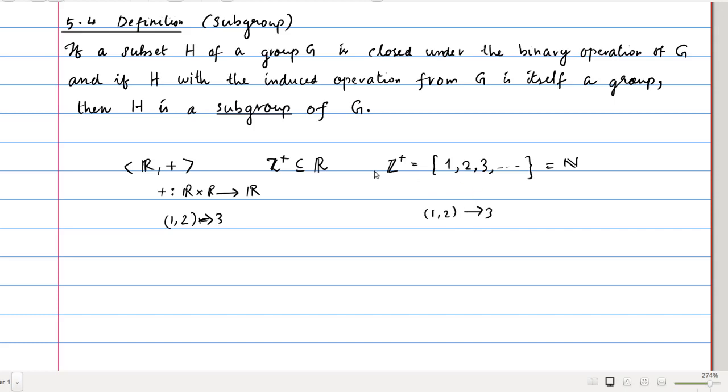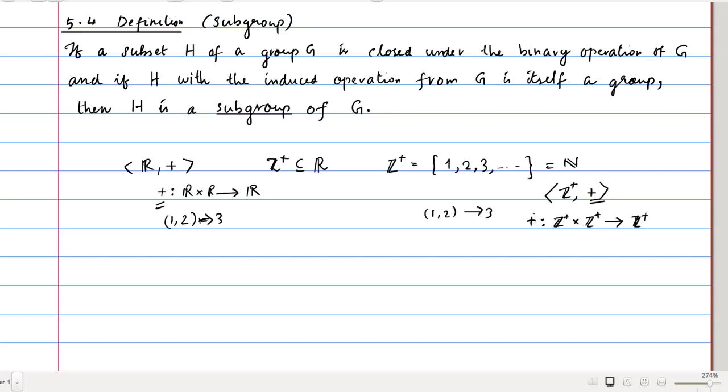So this Z plus can be considered as a structure with the binary operation plus. But when you consider this algebraic structure, this plus is not the same as this plus. Even though they assign the same thing, 1, 2 is assigned 3 here and 1, 2 is assigned 3 there, still this plus is not the same as that plus. When you consider this plus as a binary operation on Z plus, that is a function from Z plus cross Z plus to Z plus.